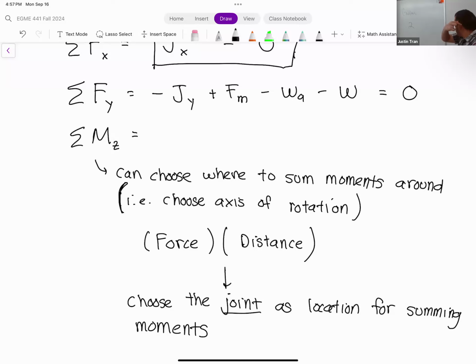The first reason is that, for most of these problems, most of the dimensions that are given to you are distances relative to the joint itself. So that makes things easy when you're multiplying distances by force to get moments. Everything's already in the right form. But probably the most important reason is that two of the unknowns we're going to be looking for in almost every problem are the reaction forces at the joints.